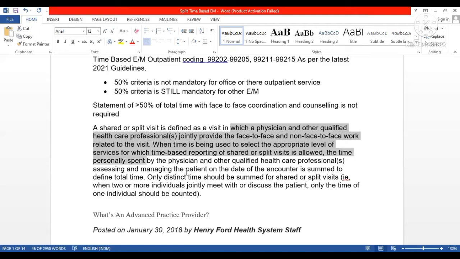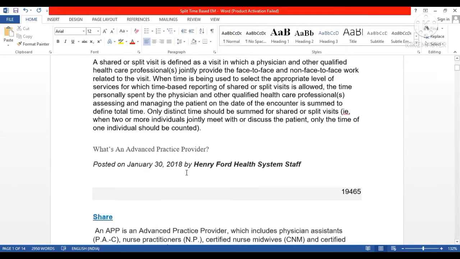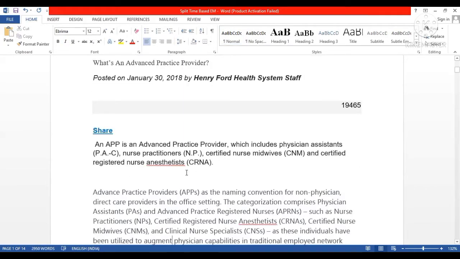The time personally spent by the physician and other qualified healthcare professional assessing and managing the patient on the date of encounter is summed to the defined total time. Only distinct time should be summed for a shared or split visit. That is, when two or more individuals jointly meet to discuss the patient, only the time of one individual should be counted. I will clear this confusion ahead, so just keep watching.